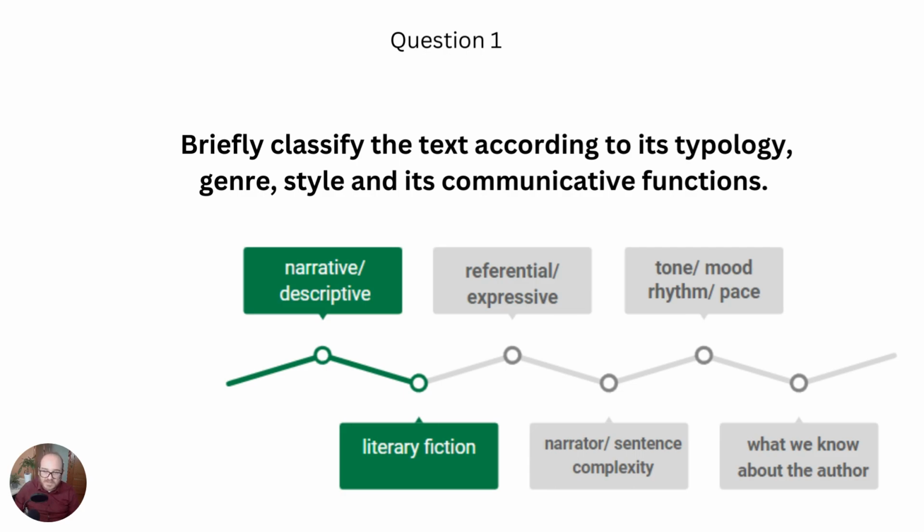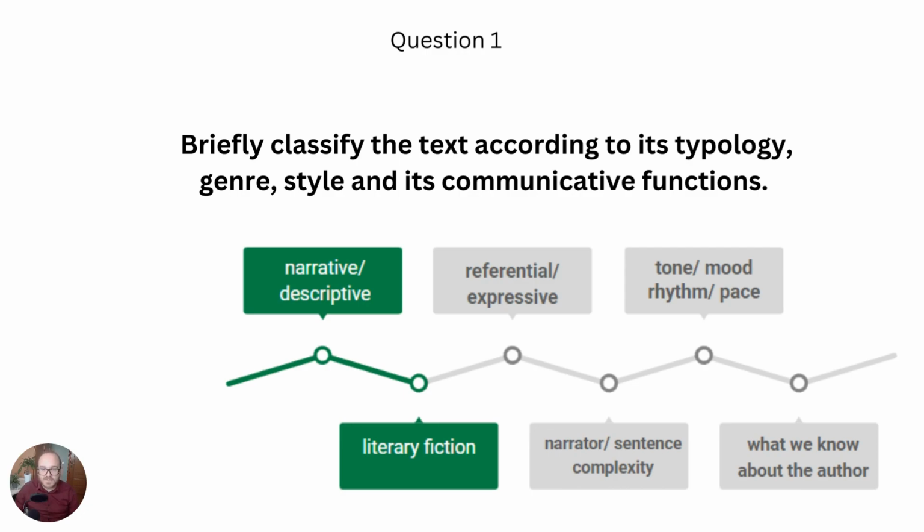The sentence complexity is moderate, with some longer and more complex sentences, as well as shorter, simpler sentences. The tone and mood of the text is mainly melancholic and reflective, with a hint of irony and sarcasm. The rhythm and pace are slow, which reflects the protagonist's apathetic and detached state of mind.